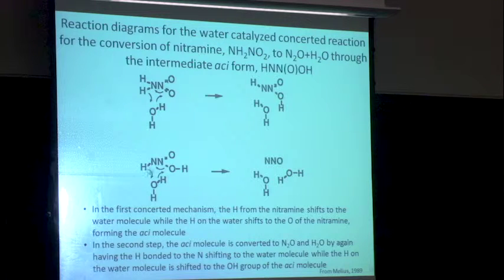Now again, if the water is in the vicinity again, I can go through this proton transfer process again at relatively low activation energies. This hydrogen atom can be transferred to the oxygen atom here, the hydrogen atom on the NH group transferred to this oxygen on the original water, and it comes apart then forming now two water molecules and an N2O molecule.